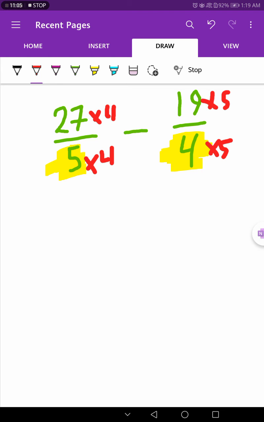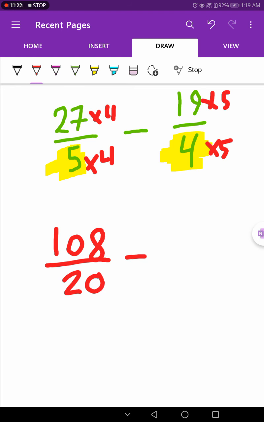Yes. Now 4 multiply 27, you can do the calculation and figure out it is equal to 108 here. Yes, I hope I'm correct, because I do it mentally. And 5 by 19, it is 95.